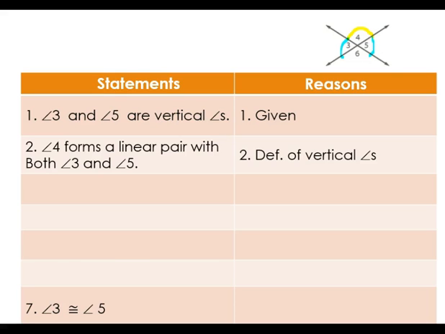The way that you look at this is you can say that 3 and 4 form this straight line, and 4 and 5 form this straight line. We can say this because of the definition of vertical angles that we just learned.